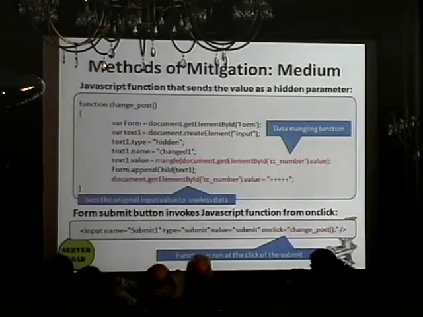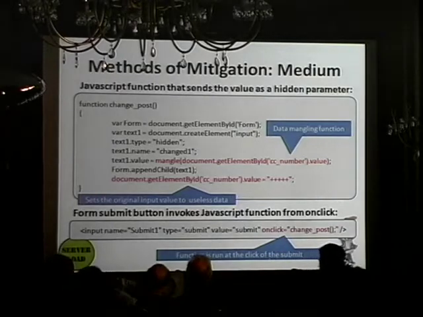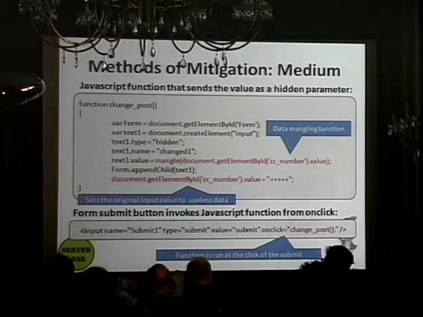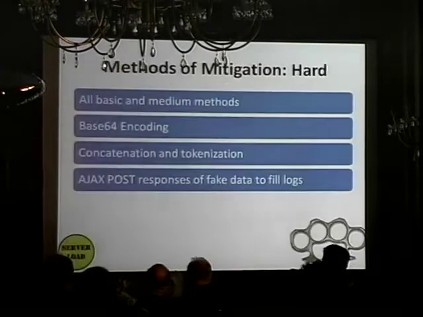This is the most important thing here: you take the variables, you take the form, load it, create a hidden variable, do the data mangler, put it into the form, and this all happens on submit, and then it takes the original input value and makes it any arbitrary number. So when the Botmaster goes to look at those logs, they're going to see the CC number, thinking they're getting a valid one, and all they're getting is junk data, when the original one is now mangled by the JavaScript and then demangled on the server side.